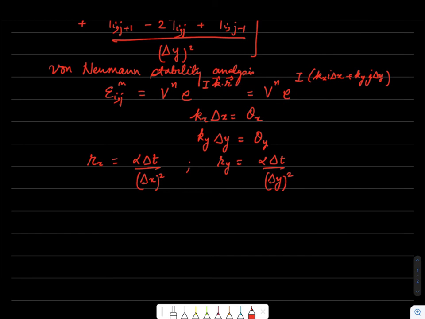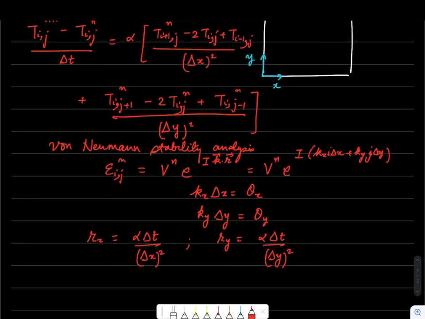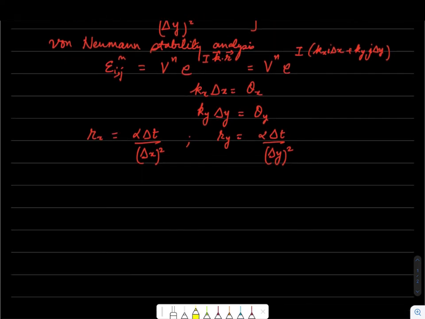So you can prove, if you plug these expressions into this equation, and using the mathematical treatment by cancelling out certain terms, that the following stability criterion emerges.